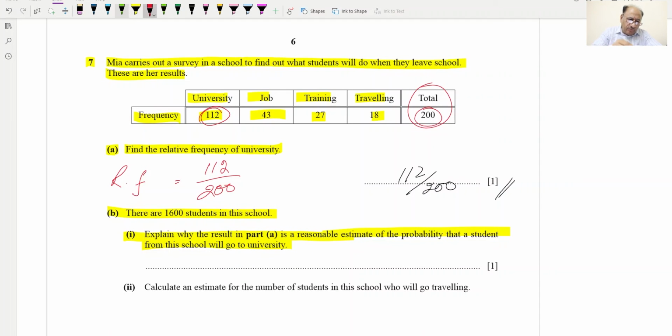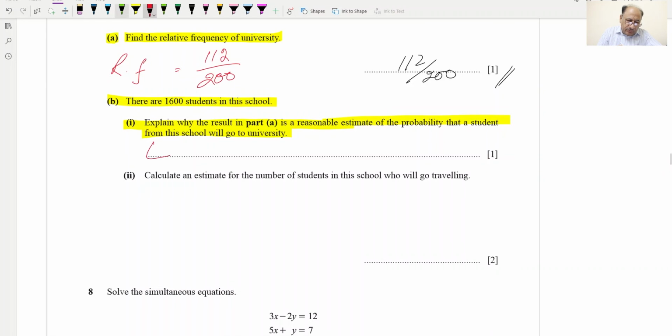Because out of 1,600 our sample size is 200, which is a reasonable sample size, so we can say that a large sample is taken, so the results are reasonable.